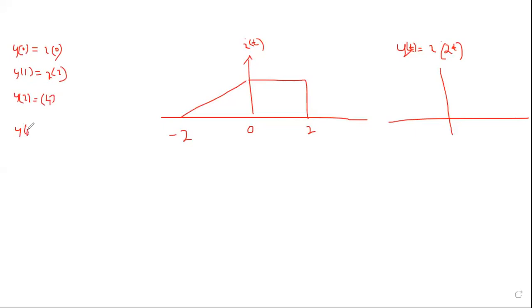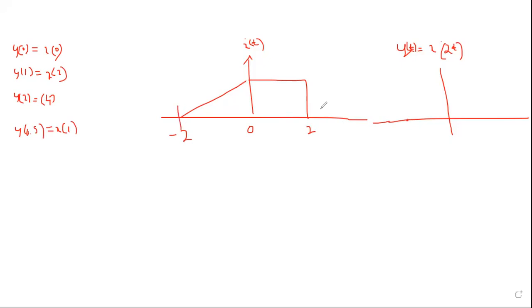Are you understanding the point that I'm trying to make here? When I was a student and they said y of t equal to x of 2t, I thought that the signal was going to expand, but that was not the case. y of 1 will be x of 2, that is the start of the triangle. y of 2 is x of 4, so there is nothing after 2.